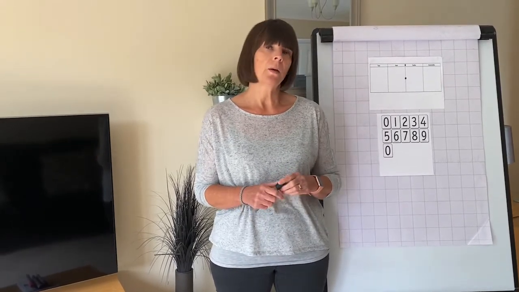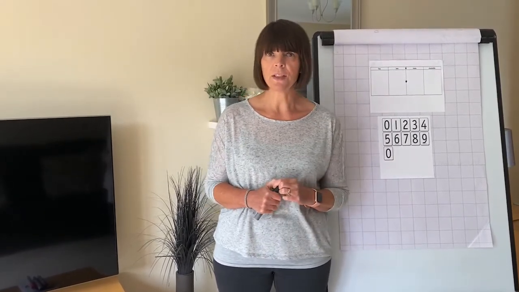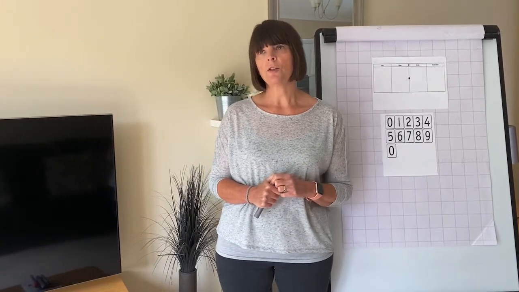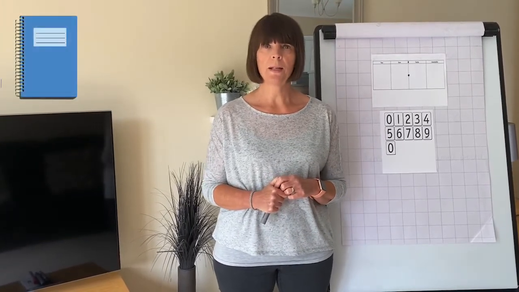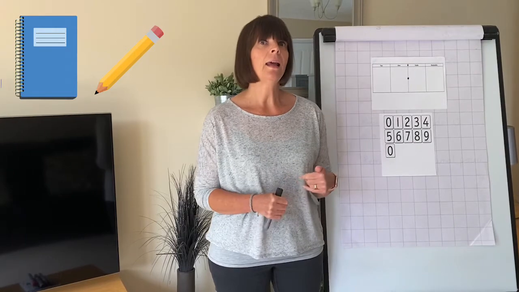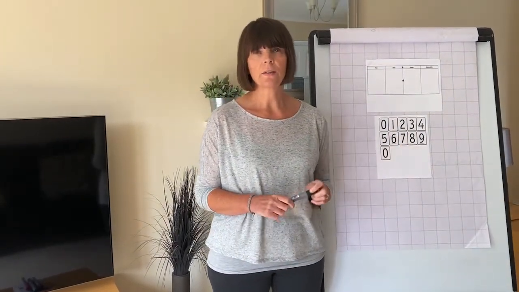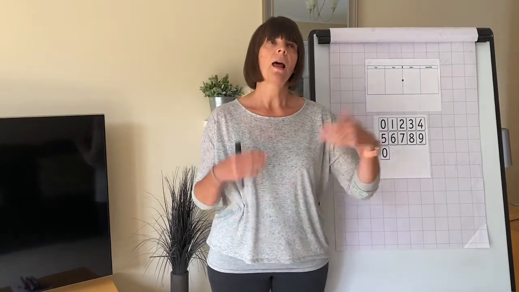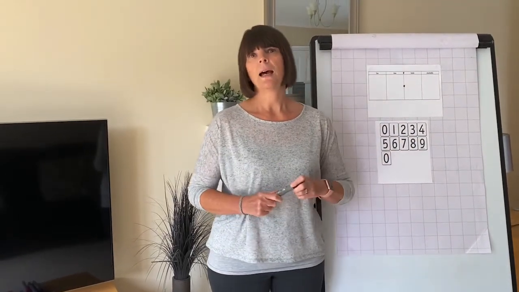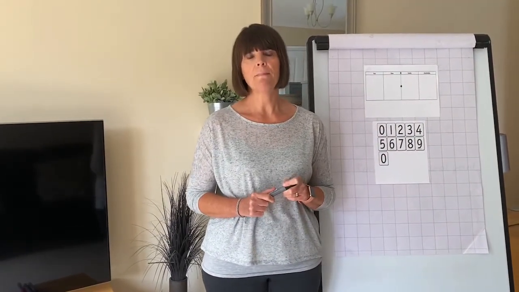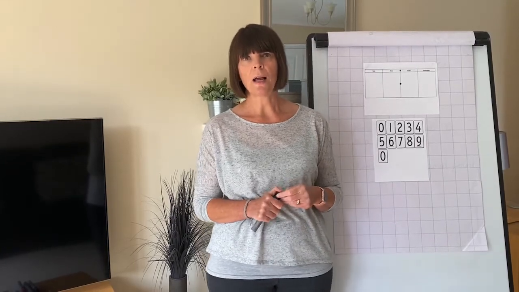So we're going to now think about getting ready for today's learning. You're going to need your home learning book and you're going to need a pencil. And ideally, you would need a place value chart and some digit cards. Now, these were sent out on parent mail last week, and hopefully you've been able to keep them for today's learning as well.